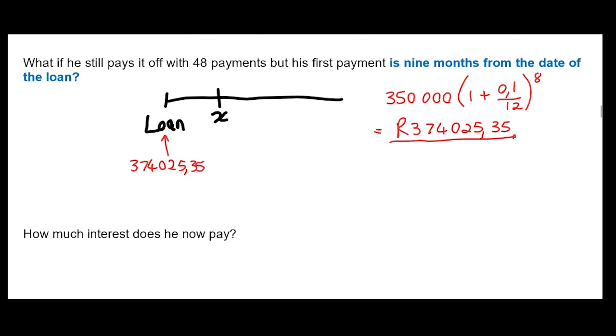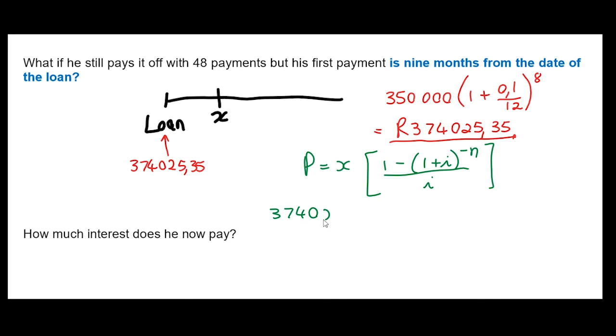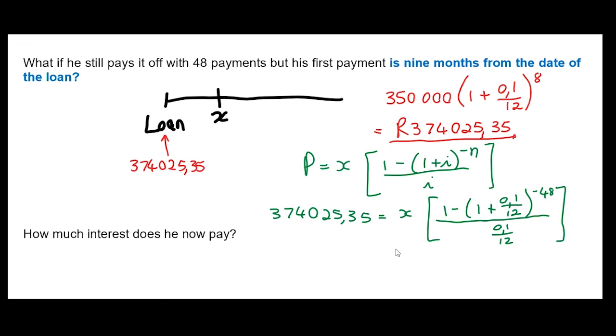So now I'll redo that calculation into my present value formula. I'm just going to write the formula down here. But instead of having 350 here, I'm going to have 374,025.35 equals X. And we get 9486.25.